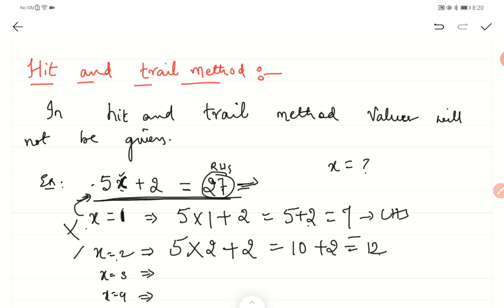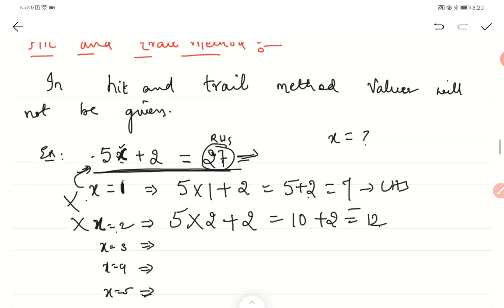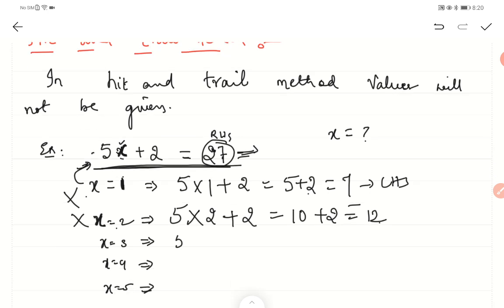So again for x equal to 2, when you put x equal to 2 in this, you are getting 12. So again it is not true for x equal to 2. What about x equal to 3? Go for 5 into 3 plus 2, this is equal to 15 plus 2, you have got 17. Again for this also it is not true.